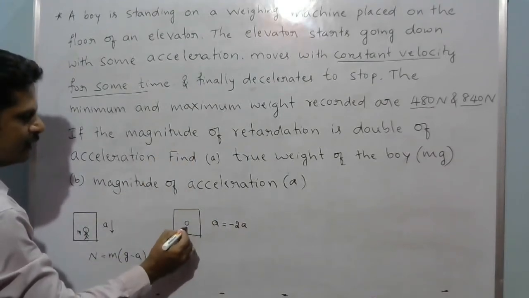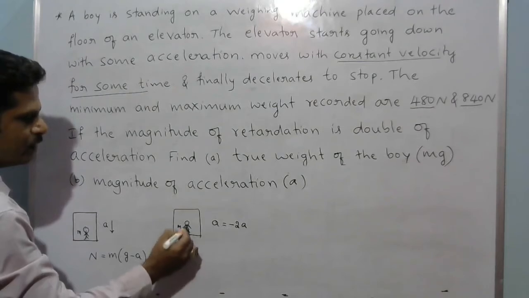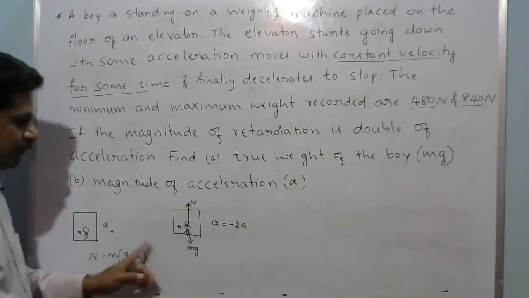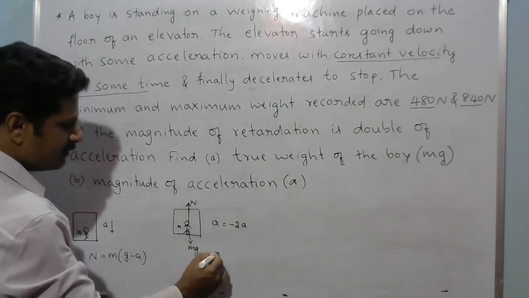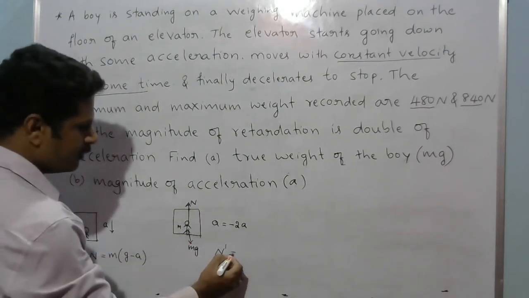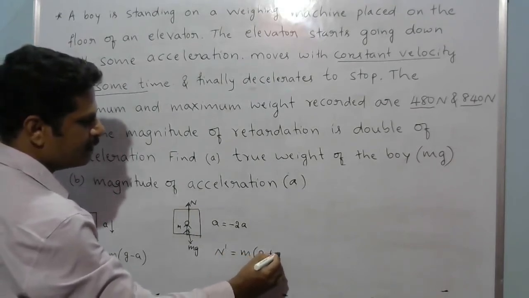So here is the boy, the weight of the boy is mg, where m is the mass of the boy, and weight is acting in the down direction, and n is acting in the upward direction. Now you know that for this situation we can write the formula. Let me write here n, and here n dash equals how much? That is mg or m of g plus a.